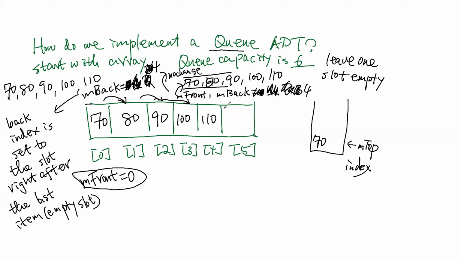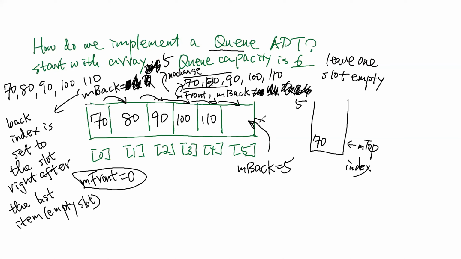Then I add 110. After I add 110, I need to update it to the next one, so updated to 5. So for the back index, just remember it points to the empty slot.